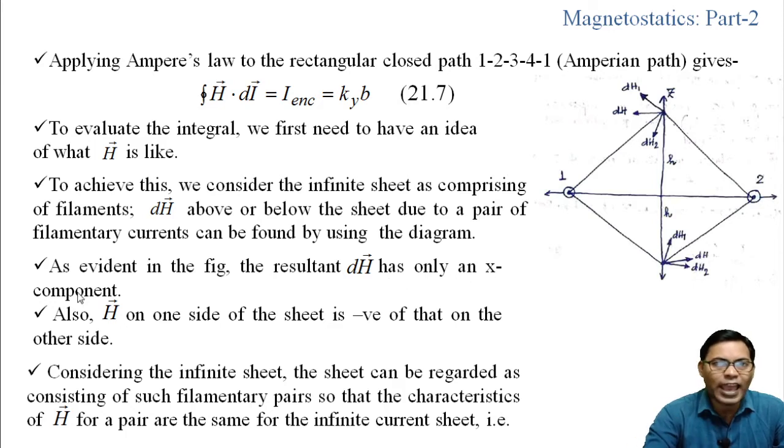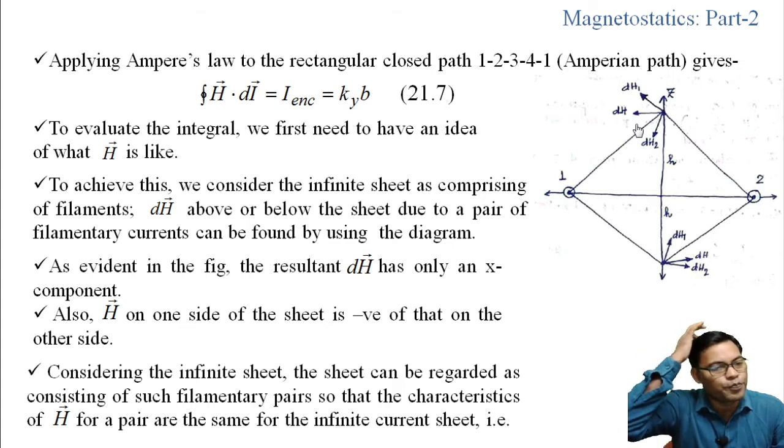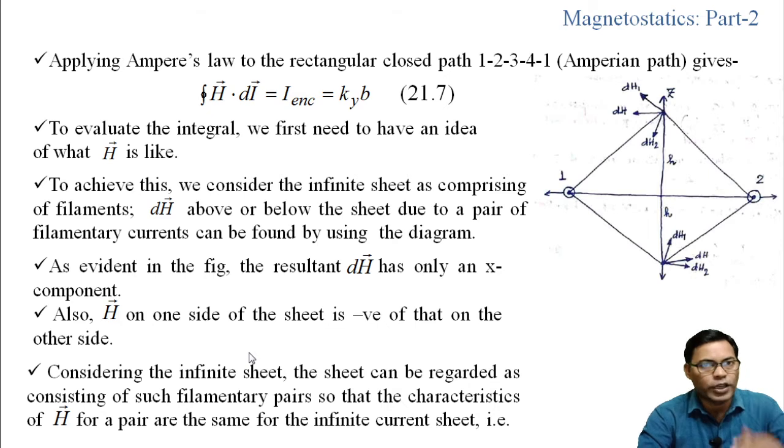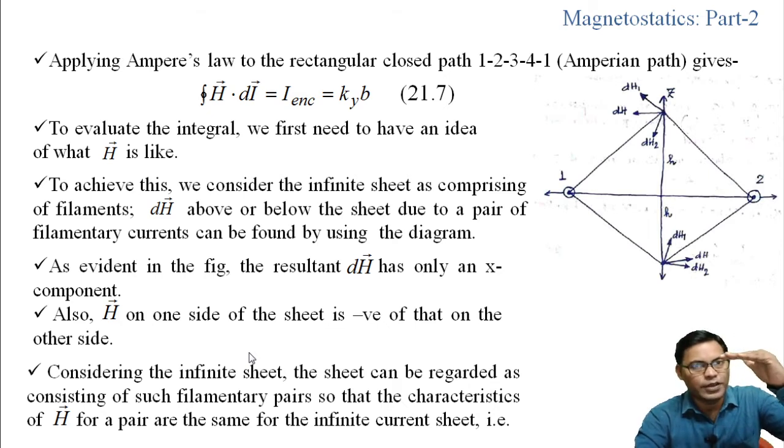So from this diagram we can understand that the magnetic field intensity has only the x component, and the y component and the z component will be 0. Also, H on one side of the sheet is the negative of that on the other side. So above the sheet it is positive, below the sheet it is negative, because it is moving along the minus x direction.